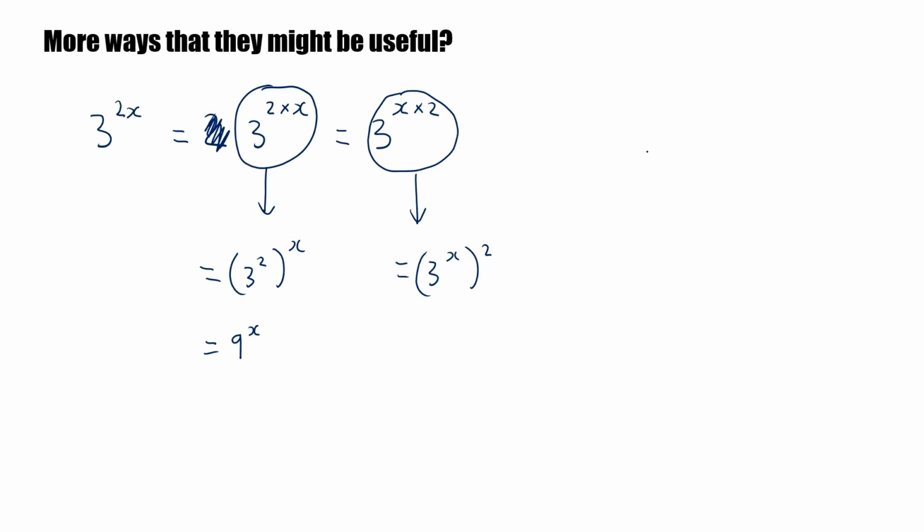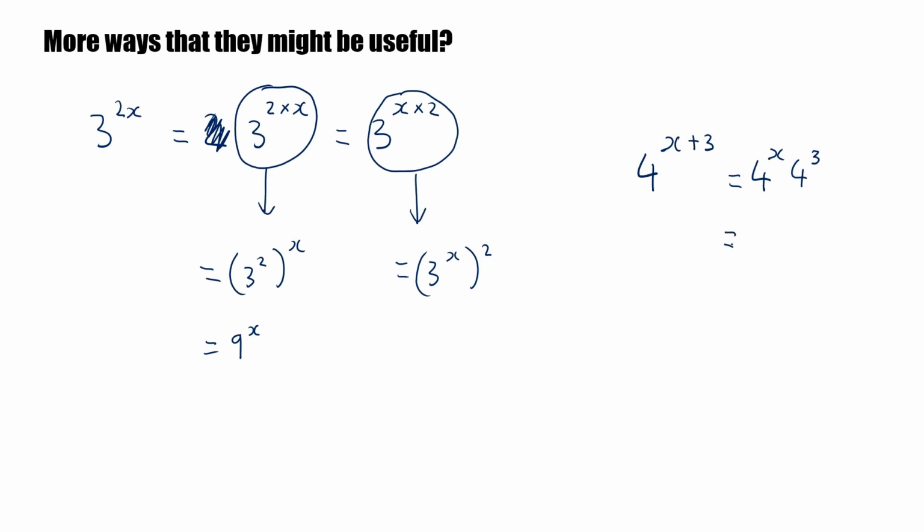Another example of that is we might even have, I don't know, something like 4 to the power of x plus 3. And it might be beneficial for you to realize that this could be split up as 4 to the power of x times by 4 to the power of 3. That's the reverse of that first index law we looked at the beginning, where if you multiply, you add the powers.